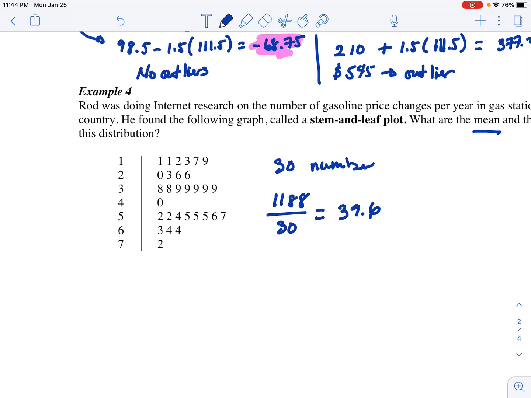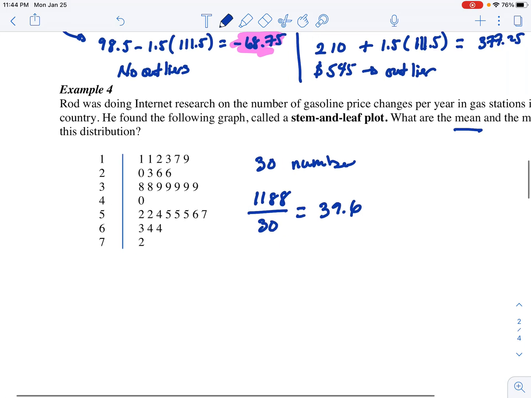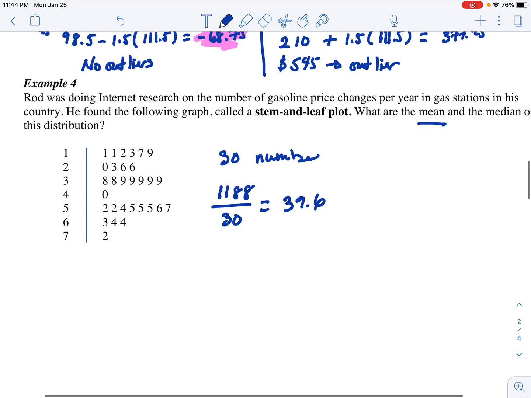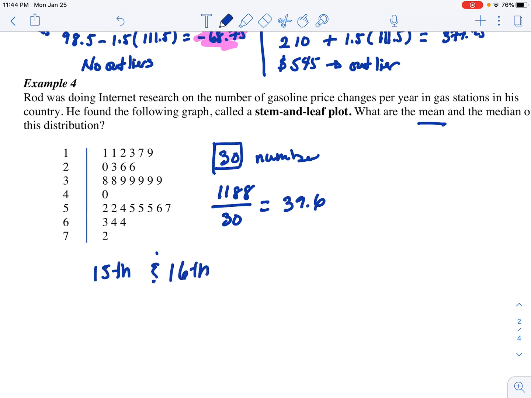Now, if I want the median, there's 30 numbers here. So I'm going to look for the 15th and 16th number, add them together, and divide by 2.